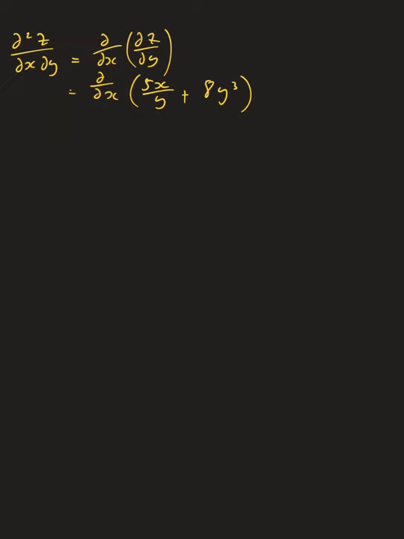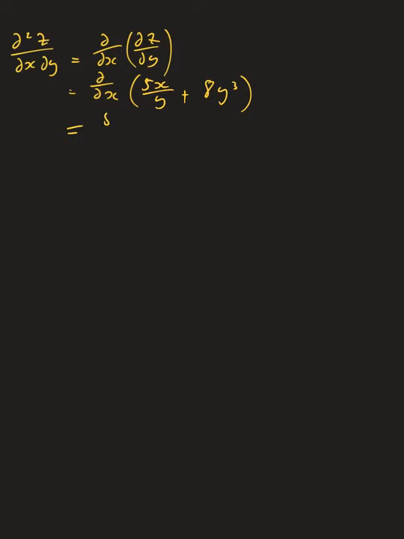So the mixed second derivative, del 2z del x del y, is the partial derivative with respect to x of the partial derivative with respect to y. So it's del del x of del z del y. I'll pop in my del z del y that I got earlier, which is 5x over y plus 8y cubed, and I differentiate that with respect to x, treating y as a constant. So I have 5 times x over y.